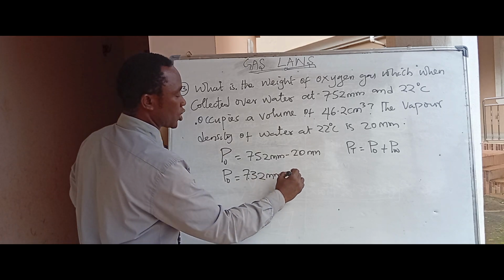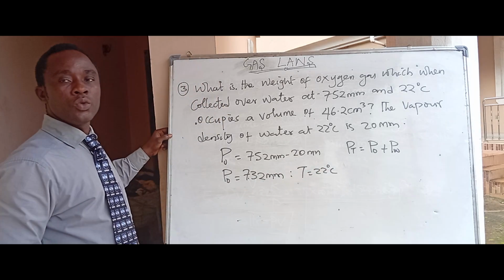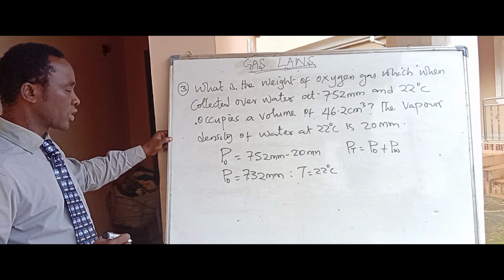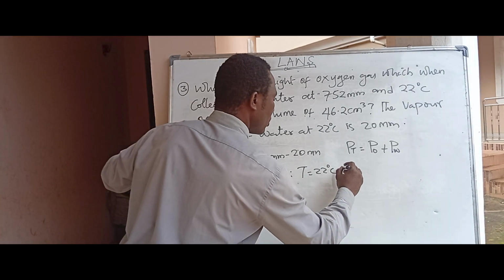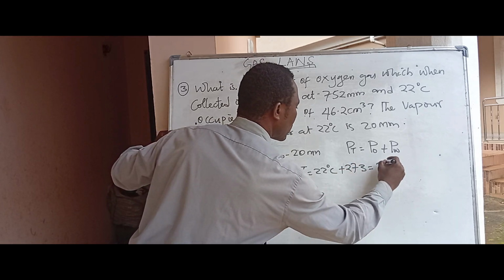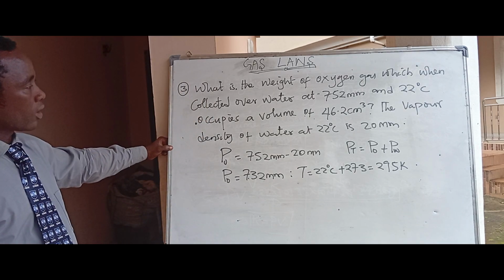We are given temperature. Temperature is 22 degrees Celsius. You need to convert it to Kelvin: 22 plus 273 gives us 295 Kelvin. Is there any other thing given to us?